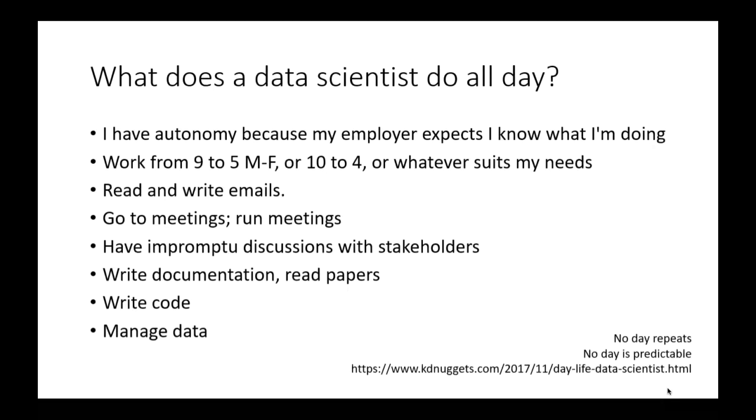Another option is that, because you have exposure to many different problems, you become very attractive as a project manager, because project managers are responsible for coordinating different aspects of a project. That's not quite a manager of people; it's more a project manager of different problems within a project. So data scientists sometimes fall into that.